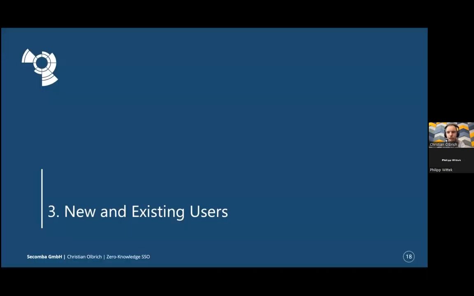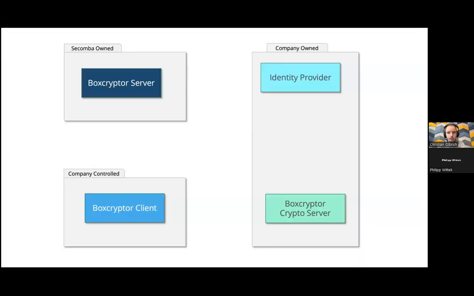All right, let's see how this goes for new and existing users. Let's say we're dealing with a new user. Once again, I've left out all the components that won't take part or that are not too important in this picture. The user kicks in a SAML authentication, and the identity provider returns a user that is not yet known to the Boxcryptor server. At the server, we can create that user, but obviously we cannot create the keys, because the keys have to be created on the client, or in this case on the Boxcryptor crypto server.